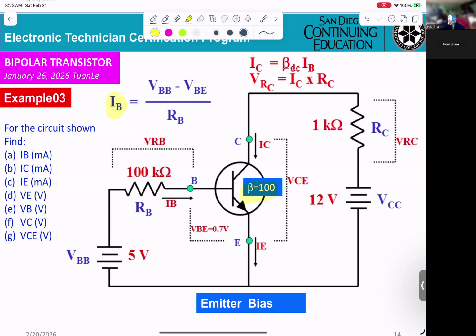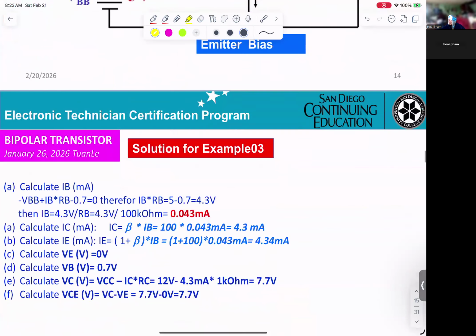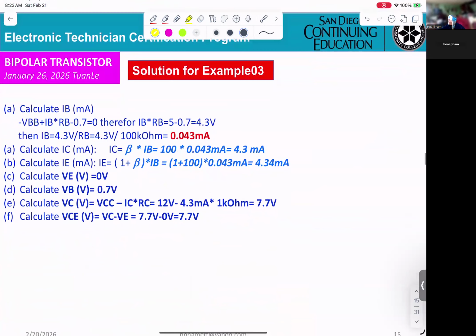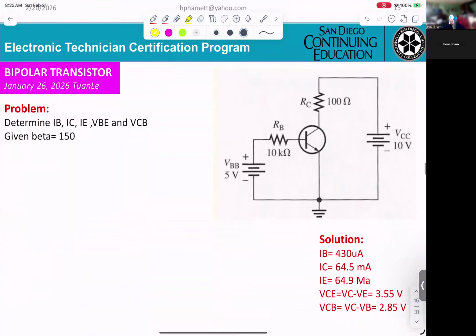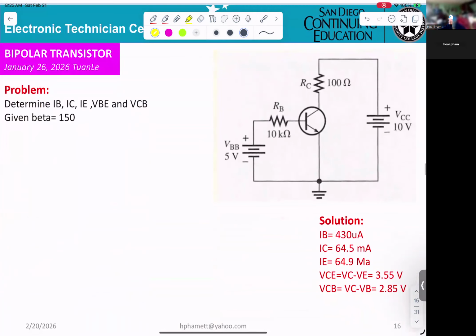For example, number 3, you let the student do it, and this is the solution. So make sure you can do it. And another problem, where they want to calculate IB, VBE, and I give you the answer. I let you do it.